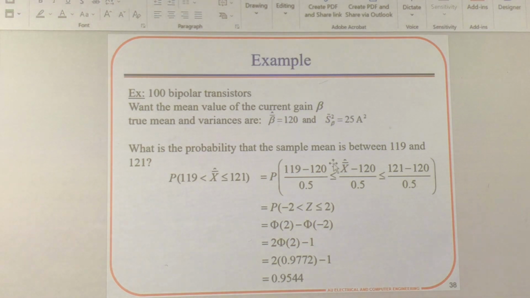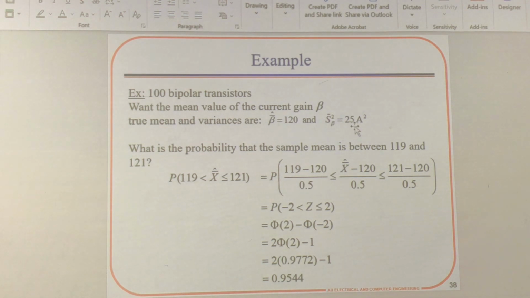But then when you use your calculator, normally what I do, I use the Q function. Take 119 minus 120, because it says that's the mean. This should not have a hat there. It should just be beta bar right here. So 119 minus 120 is just going to be minus 1, and this is going to be plus 1 here. Now down here, you've got 100 bipolar transistors. They give you a sigma of 25.